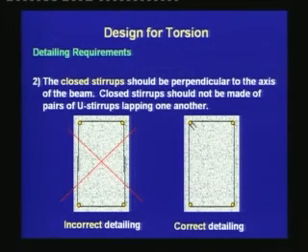We should make the closed stirrup by one piece of a reinforcing bar, as shown in the figure. That means the figure on the left is an incorrect detail because they are using two U stirrups overlapping each other, but the correct detailing is to have one piece of stirrups with proper anchorage at the ends.